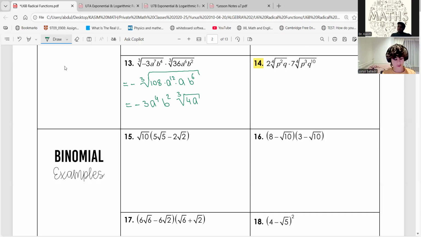Okay, I don't know if I did this right, but I multiplied the sides to get 14, and for P I did P to the 4 times P, Q to the 8 times Q cubed. So 14 P Q squared times the fourth root of P Q. Yes, sorry, Q squared.